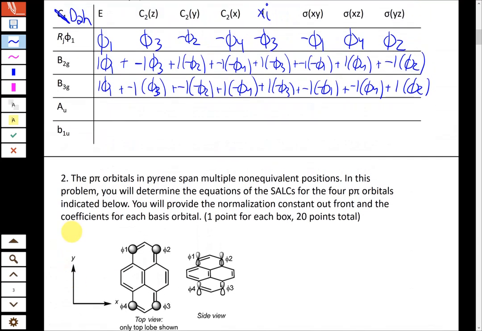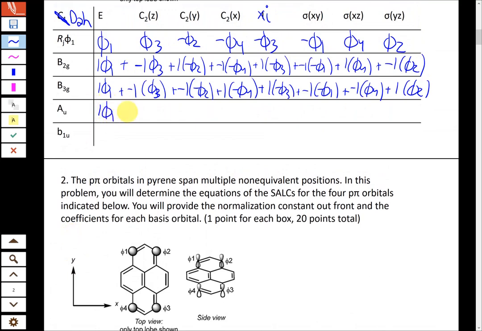When we multiply those results, we get 1 phi 1 plus 1 phi 3 plus 1 times minus phi 2 plus 1 times minus phi 4, and then we get negative 1s for the last 4: negative 1 times minus phi 3, negative 1 times minus phi 1, negative 1 times phi 4, negative 1 times phi 2.